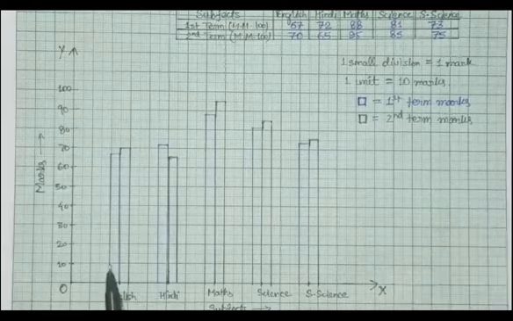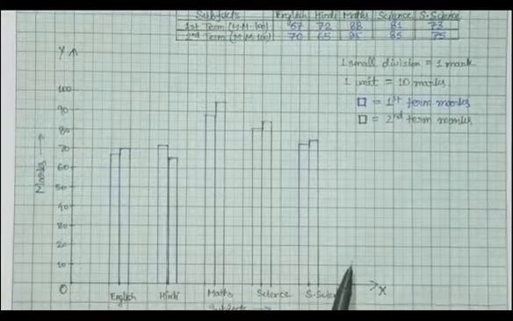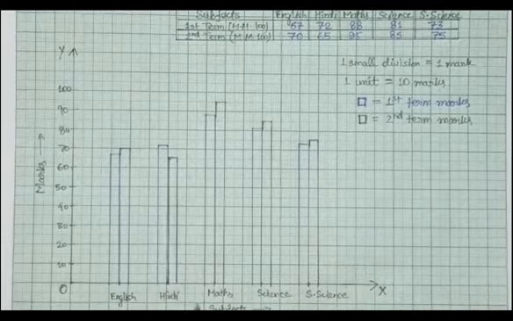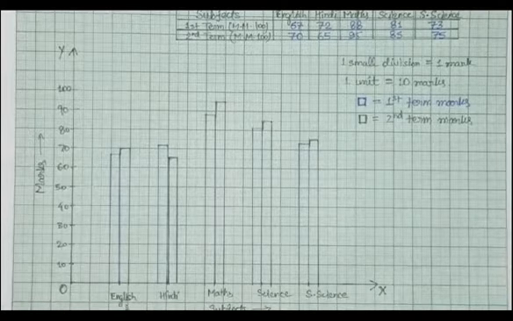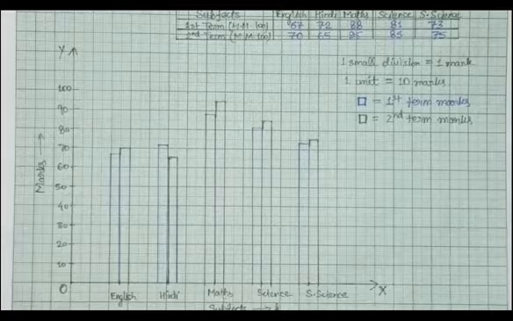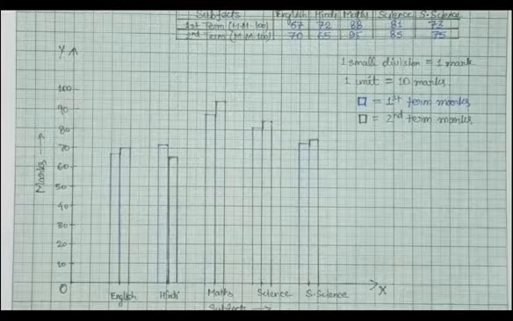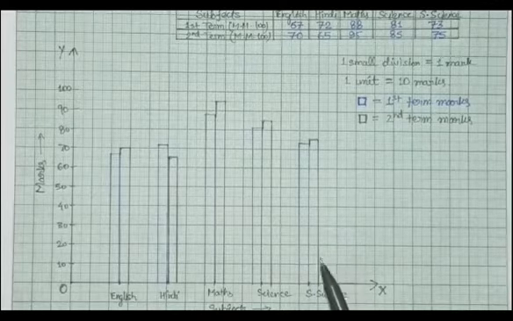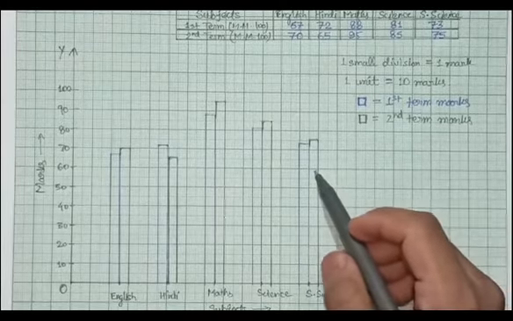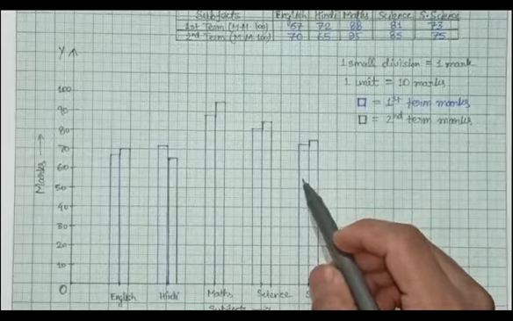So when you observe this double bar graph carefully, then you observe that except the subject Hindi, in all these subjects, English, maths, science and social science, the student has improved. Why? Because the height of the black bar is greater than the height of the blue bar.